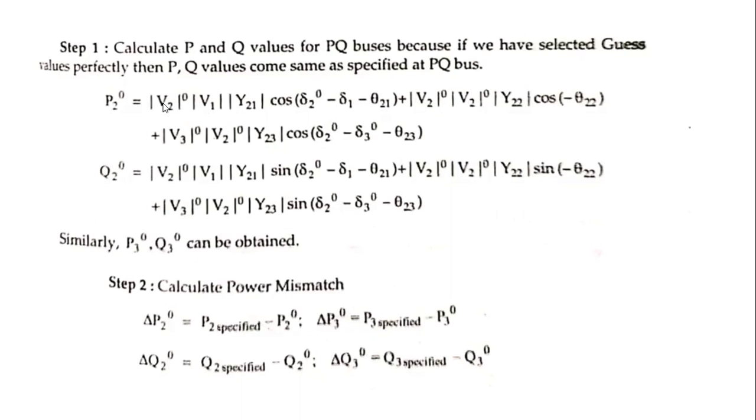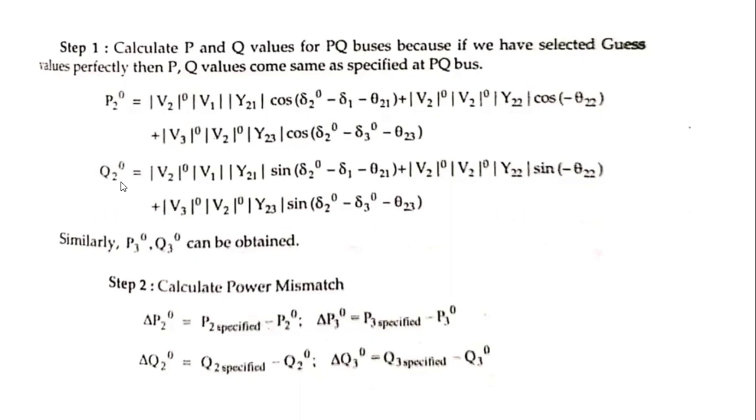P2 equals, this is also there in the Gauss-Seidel method when the PV bus is absent: V2 naught, V1, Y21, cos of (delta 2 naught minus delta 1 minus theta 21) plus V2 naught, Y22, cos of minus theta 22, plus V3 naught, V2 naught, Y23, cos of (delta 2 minus delta 3 naught minus theta 23).